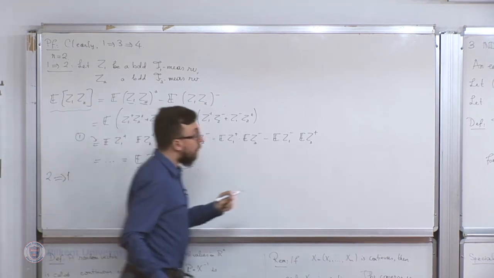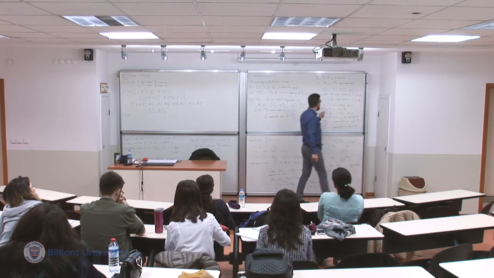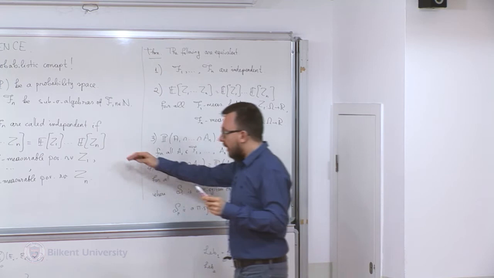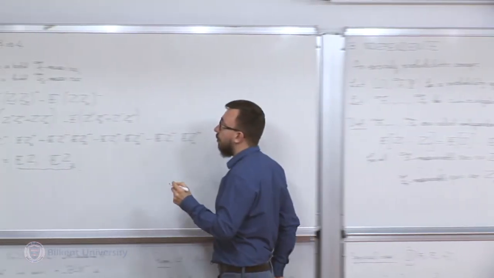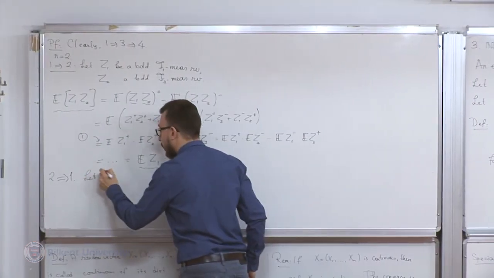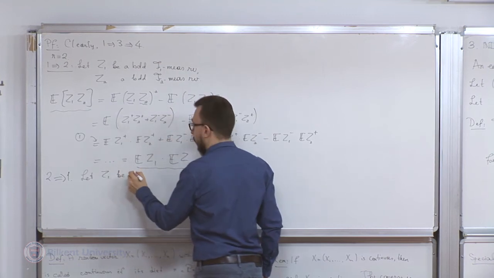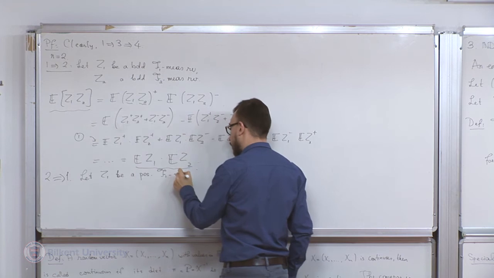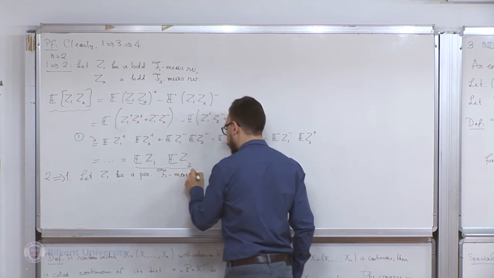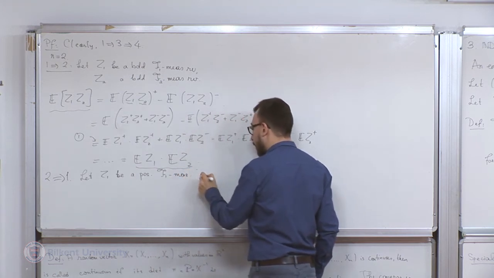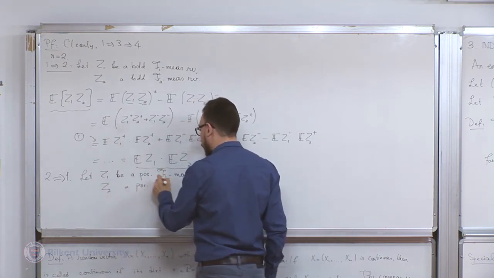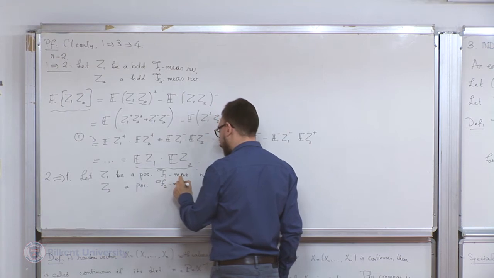So number 2 is for bounded measurable. Number 1 is for positive measurable. So we should take positive measurable things, right, to prove 1. So let Z1 be a positive F1 measurable random variable, and Z2 a positive F2 measurable random variable.